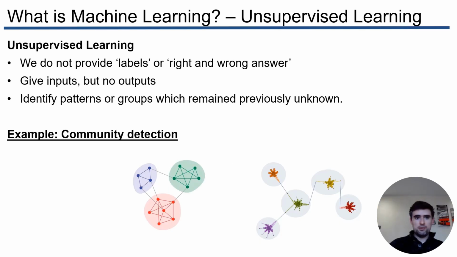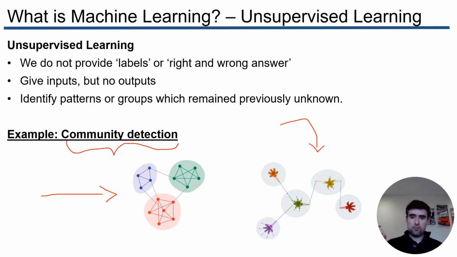Another very typical example of unsupervised learning is community detection. So this is similar to clustering, but done on networks or graphs. This is something that, for example, Facebook used to do very much before. I'm not sure if they keep doing that. But let's assume that this was the social network of your group of friends. And if 2 friends of yours were also friends between them, they would have an edge between them.